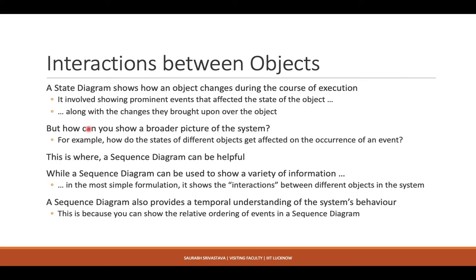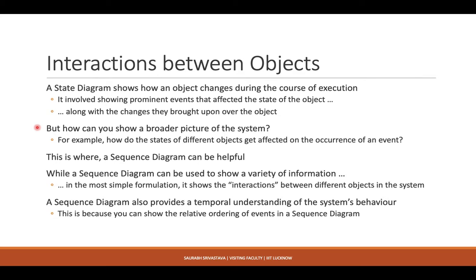This whole concept of showing a state diagram is essentially keeping in mind just one particular object. Okay, so you are just trying to focus on how a particular object changes its state during the execution of the system, but we still do not have any kind of broader picture when it comes to the behavior of the system.